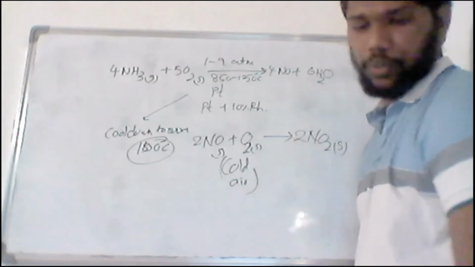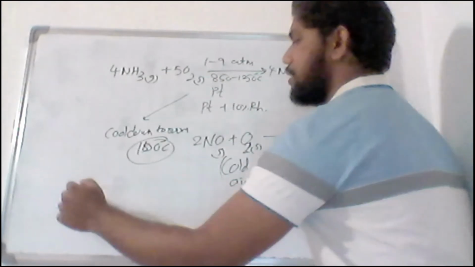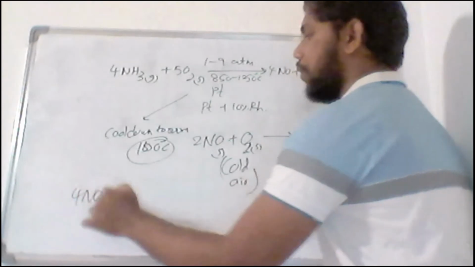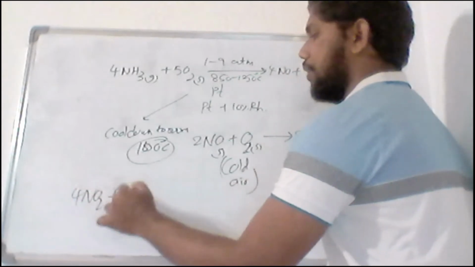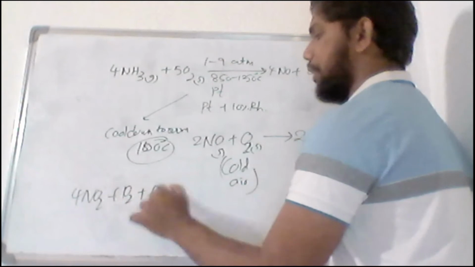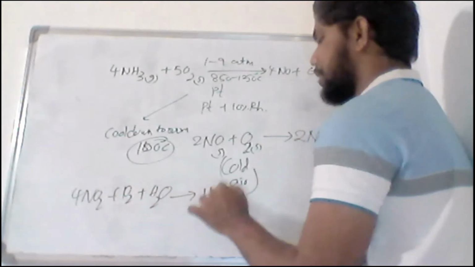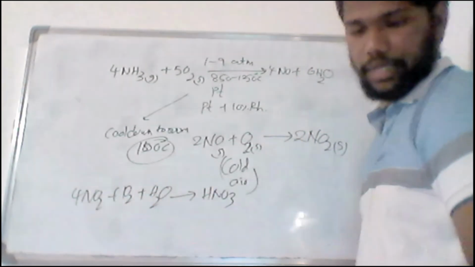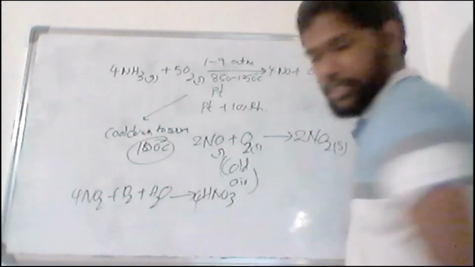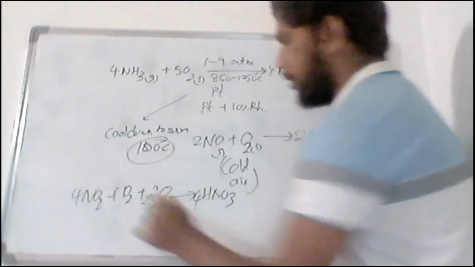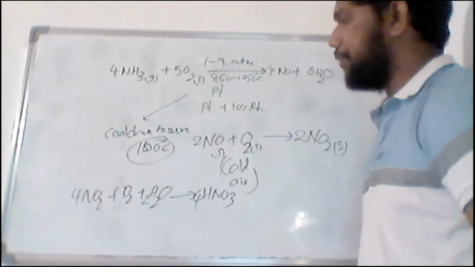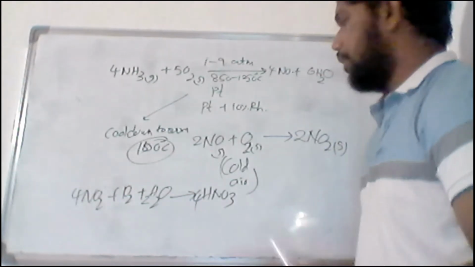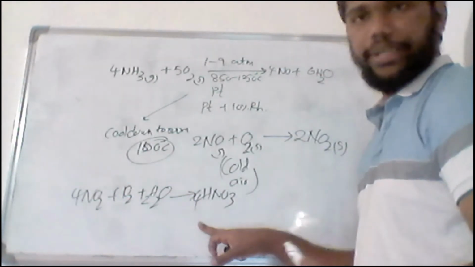This is step 2. And finally, this NO2 with oxygen and water will give HNO3 directly. Okay, so here there will be 4 HNO3, 2 water molecules, and 1 oxygen with 4 NO2. This is the complete equation.